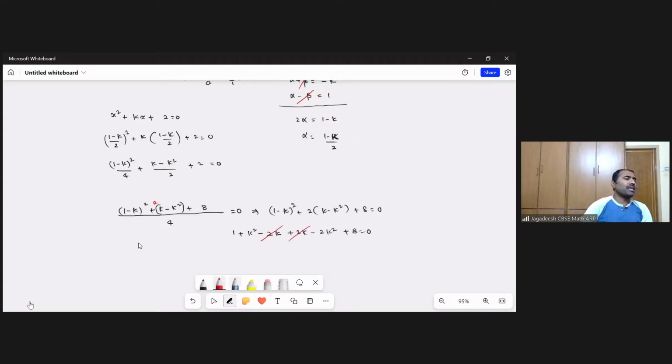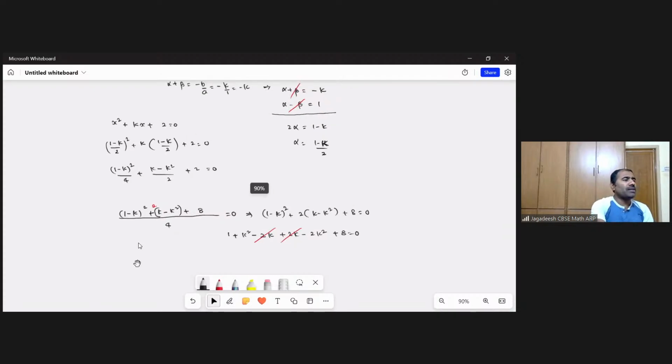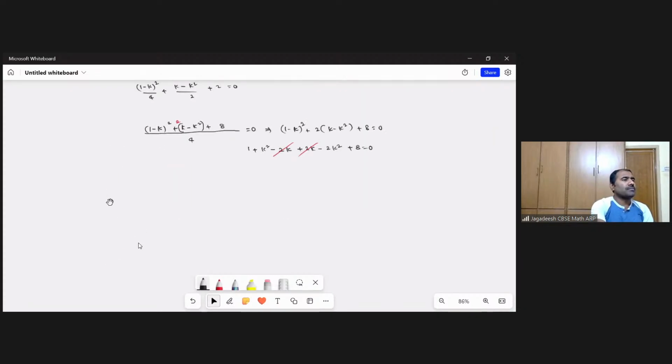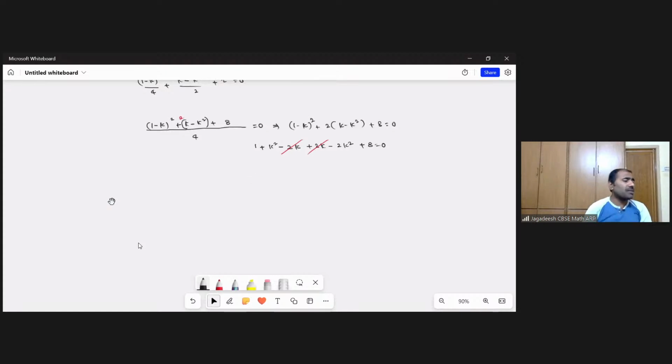Minus 2k plus 2k get cancelled. Now the simplified quadratic equation in terms of k is: k square minus 2k square, which gives you minus k square. After that there is no k term. Then add the constant, 1 plus 8 is 9, equal to 0.